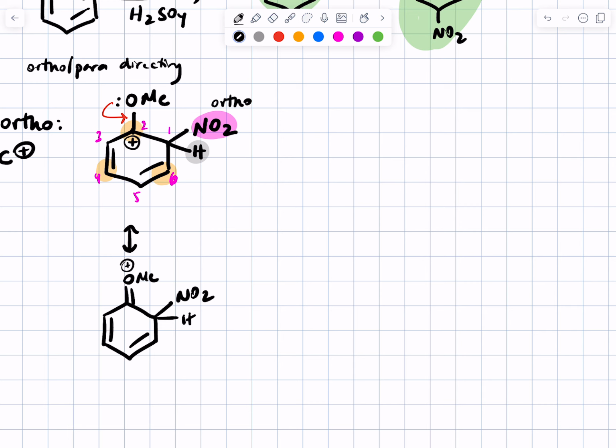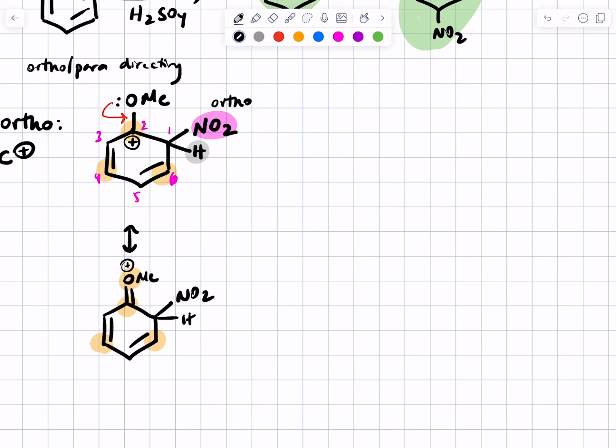That is the impact of a resonance electron donating group. You get an additional position where the positive charge can be because of that electron donating group. That stabilizes the carbocationic intermediate.